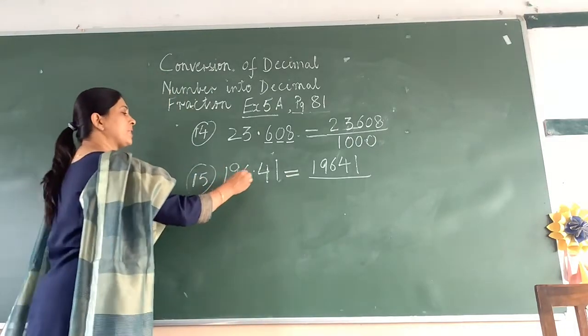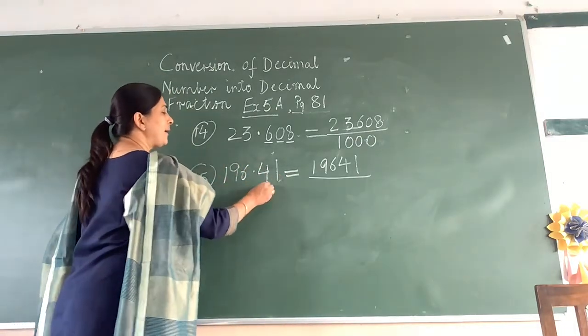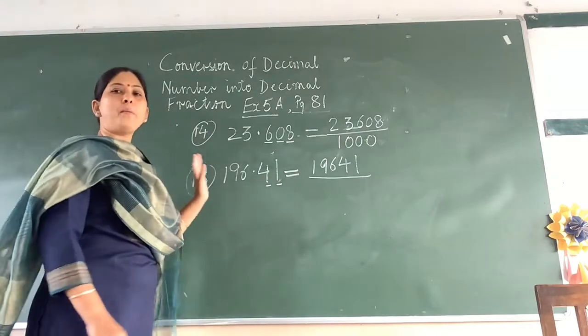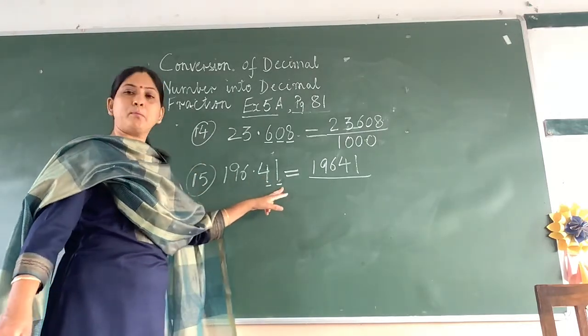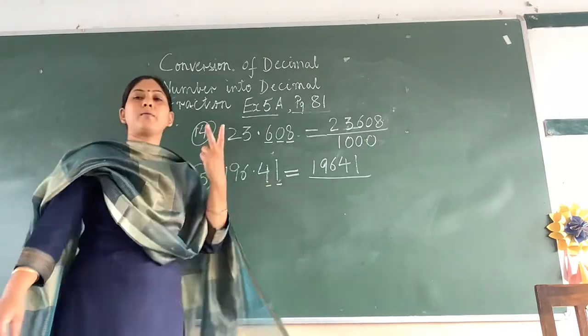Now, 196.41 has how many decimal places? There are 2 digits after the decimal point.